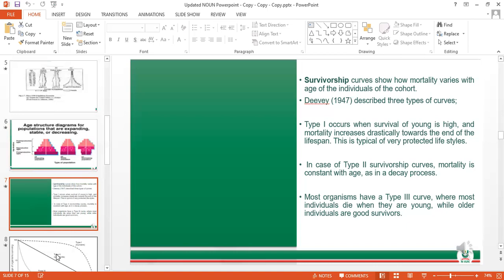That is what we consider in the survivorship curve. It is due to changes in the capability of the individuals and variation in their exposure to the environment. So we're looking at changes in susceptibility and capability of these individuals, and how these changes affect their exposure to the environment.